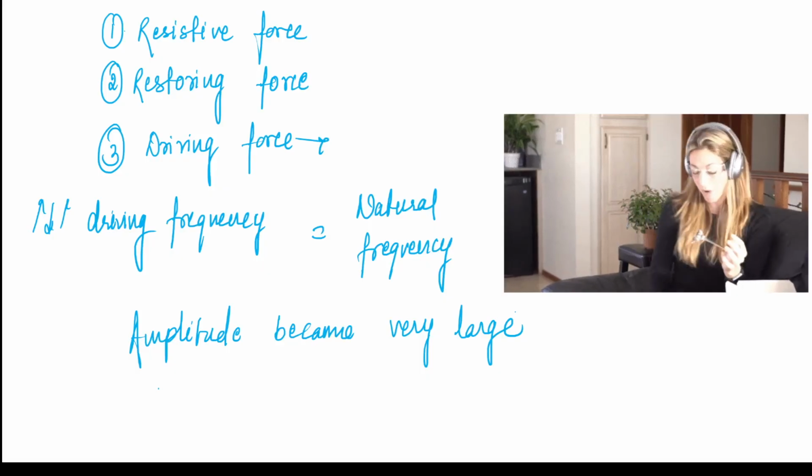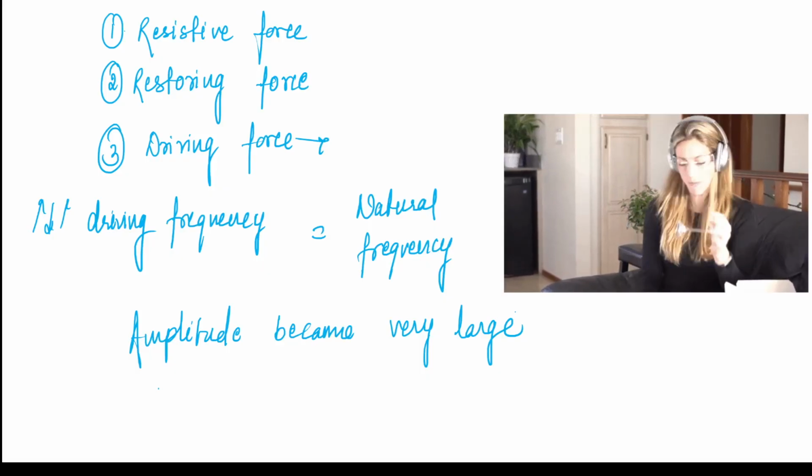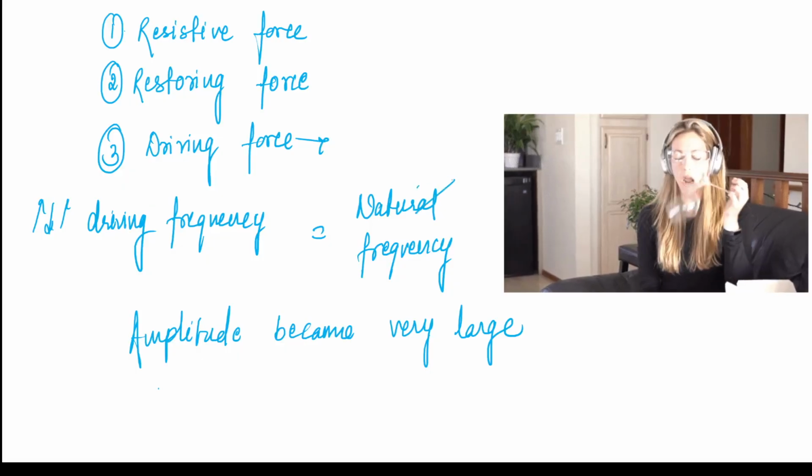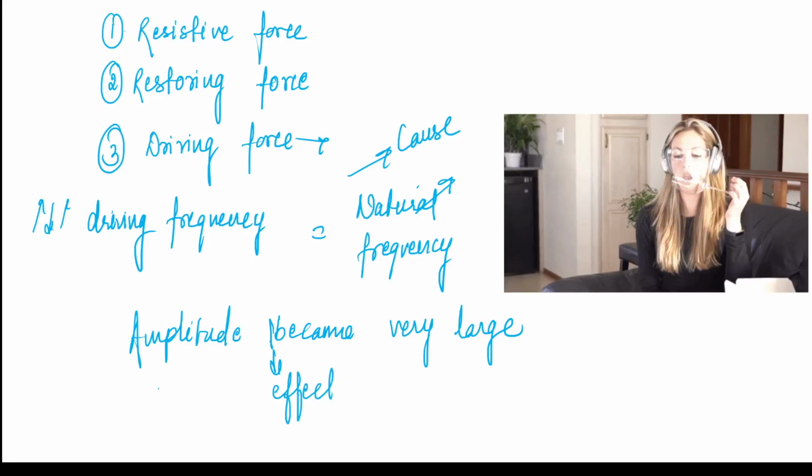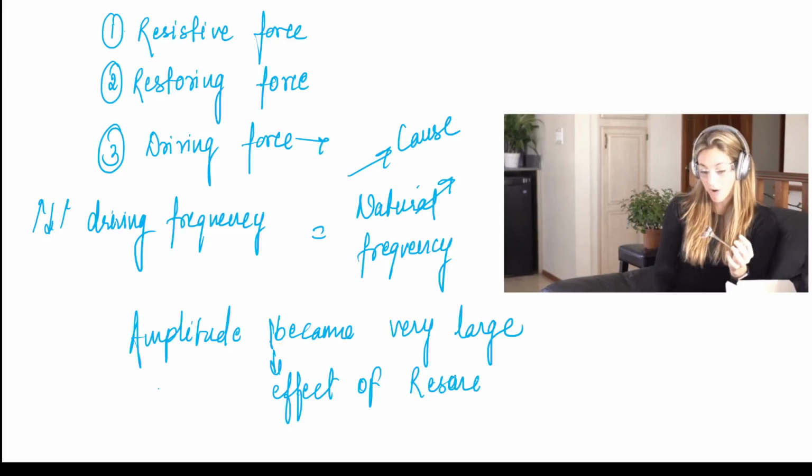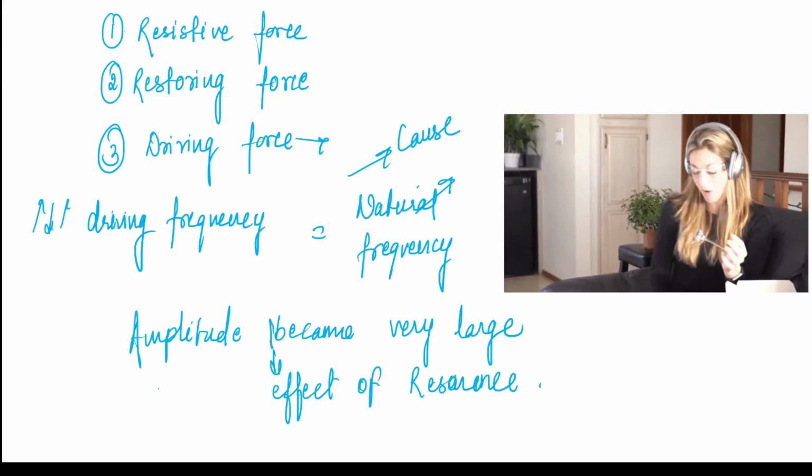And what's the effect of resonance? The amplitude becomes very large. So this is the cause, and this is the effect of resonance. So resonance is basically just a huge amount of increase in the amplitude.